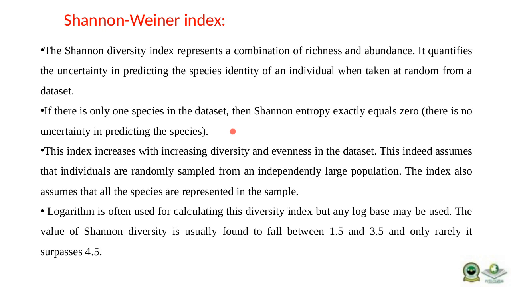The value of Shannon diversity is usually found to fall between 1.5 and 3.5, and only rarely does it surpass 4.6. So if you are determining species diversity and it says 4.5, you know that you're very wrong. You cannot be correct.